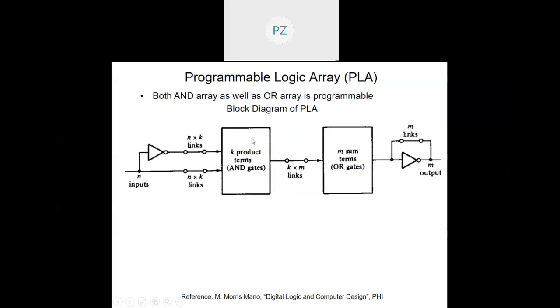You need not generate all the minterms, right? Generate just those minterms, or just those product terms, which are required. So you need not have essentially 2 to the power n AND gates, if it is an n input device. You can have a lesser number of gates.